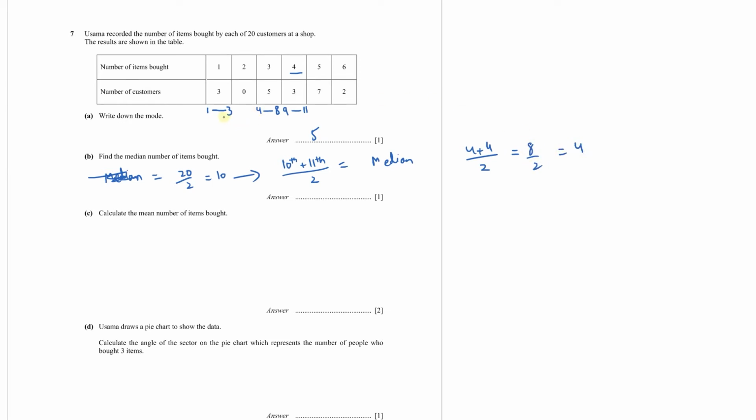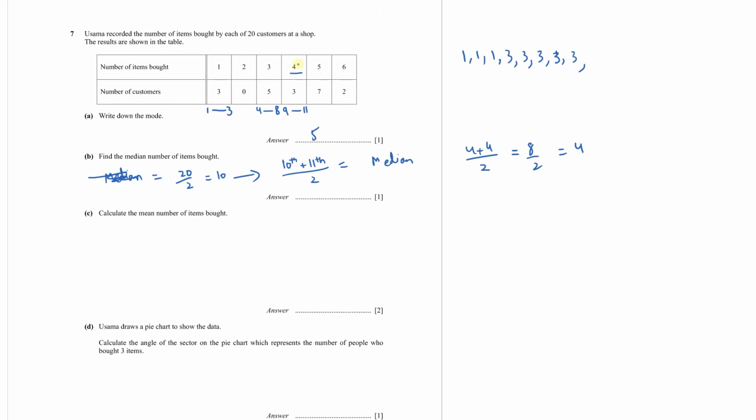If you don't understand these ranges, you can actually write them out as well. How many times do we see 1? The number of items bought, 1, by 3 customers. So you have 3 ones: 1, 1, 1. You have 0 twos, so you don't write any 2. You have 5 threes, so 5 customers bought 3 items. That means I have to write 3 five times.